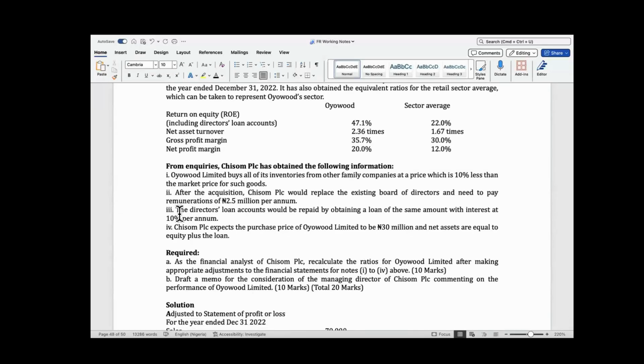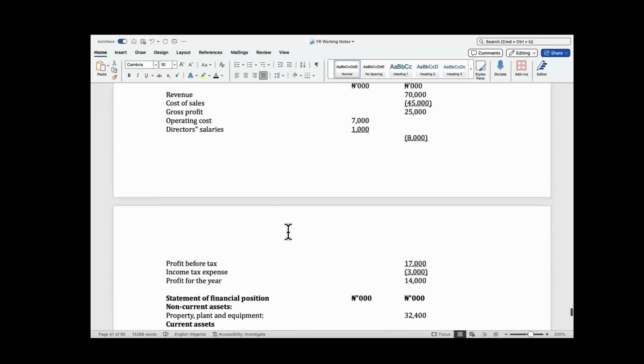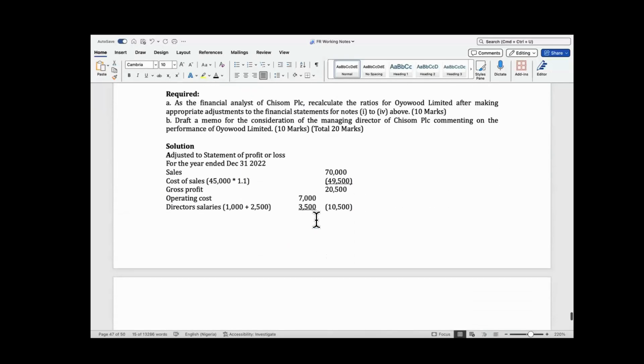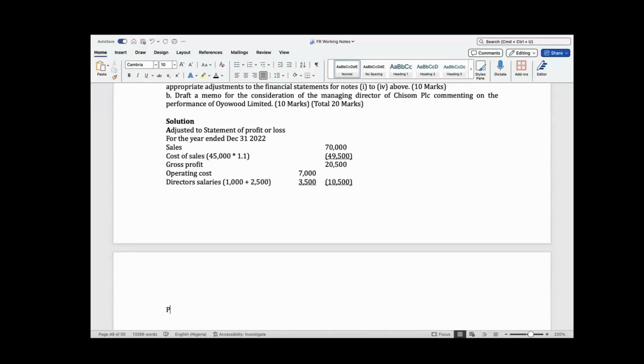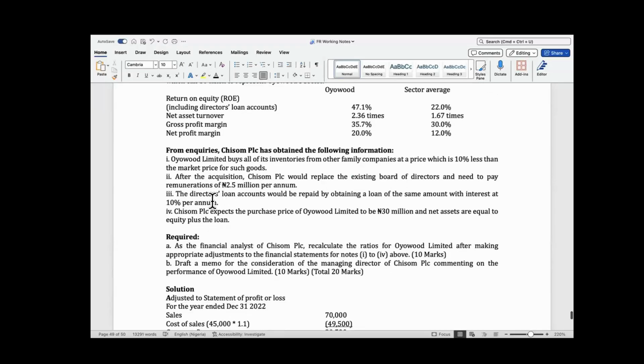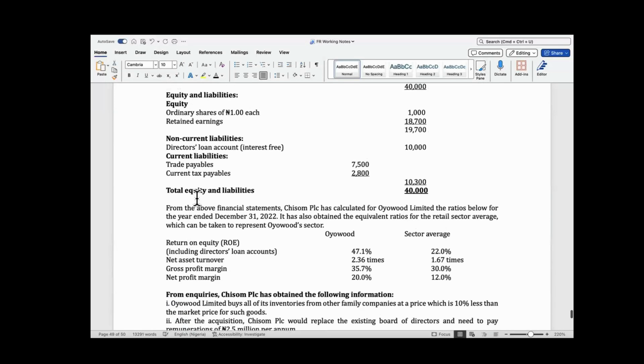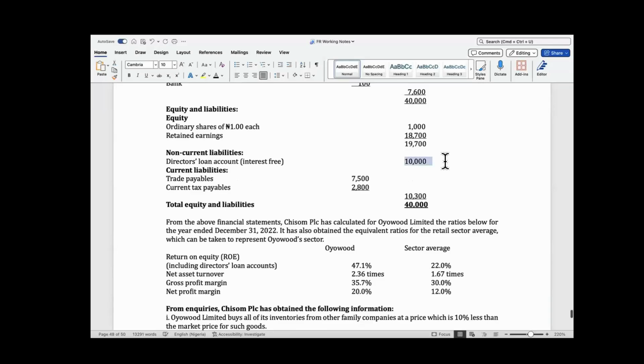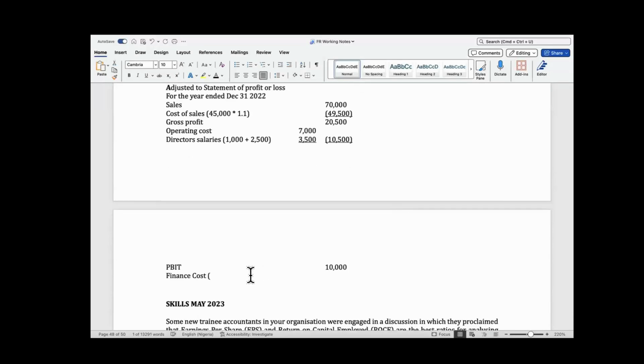Then they would take a loan and pay interests. So ordinarily, I'll have PBIT. Then the loan they will take, they will pay interest at the rate of 10%. And the loan is 10,000, which is 1,000.